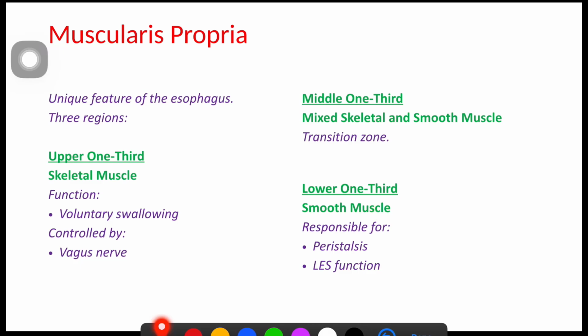In the upper one third, the function is voluntary swallowing, controlled by the vagus nerve. This is the transition zone where both muscles are visible, and smooth muscle is responsible for peristalsis and lower esophageal sphincter function.